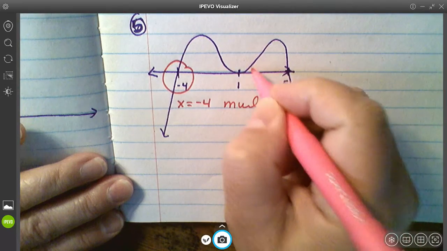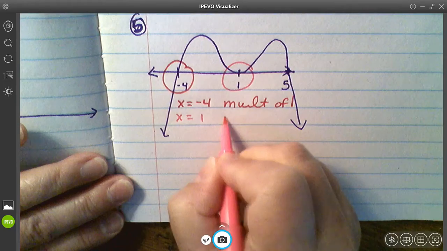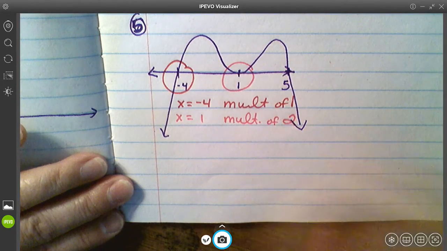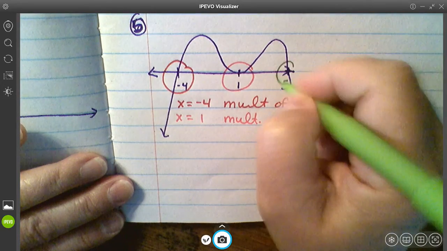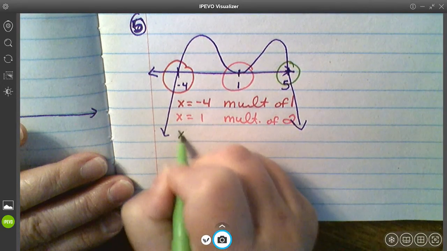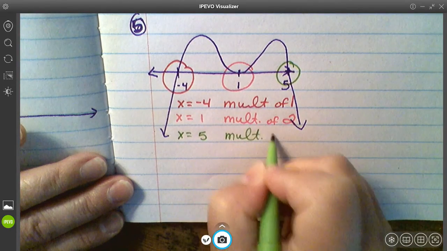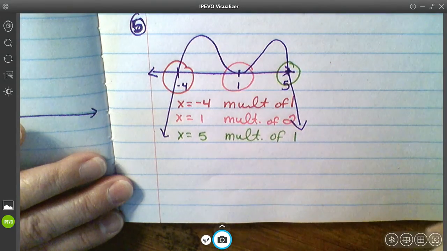I have another x-intercept at 1. That is a bounce, so it's a multiplicity of 2. And then I have another x-intercept at 5. That is another pass-through, so that's a multiplicity of 1 also.